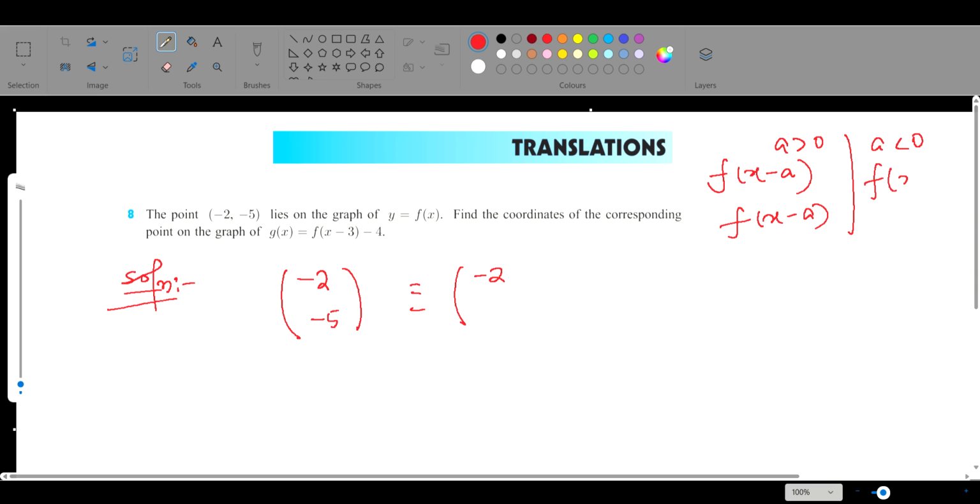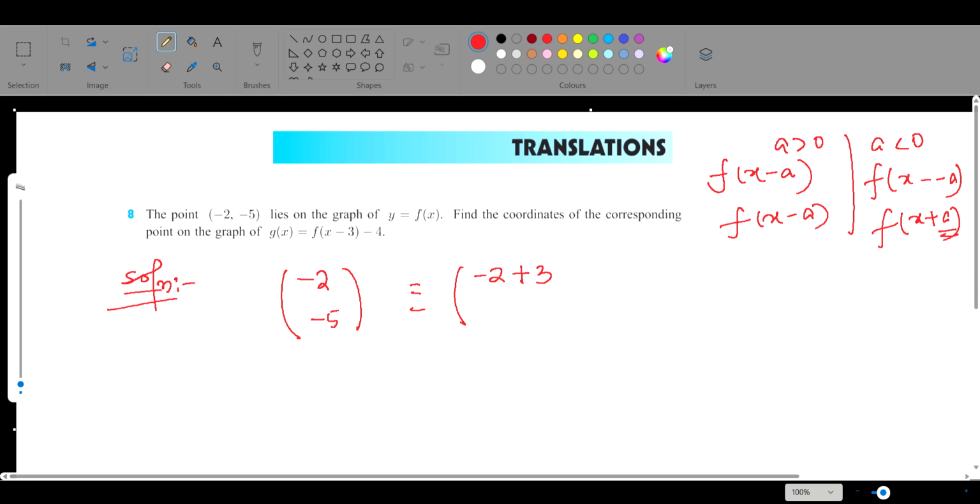Then it would be x minus of minus a, which looks like x plus a. So whenever you see horizontal translation, the number should always be written in the opposite sign.